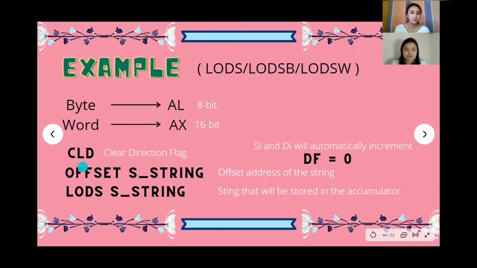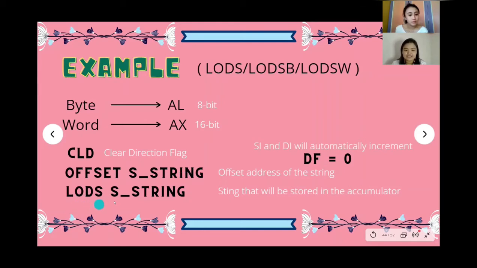So, for example, I have here the instruction CLD, clear direction flag. Like what Shane said, DF is equal to 0, so the SI and DI will automatically increment. Next, OFFSET S_string, which is the offset address of the string.